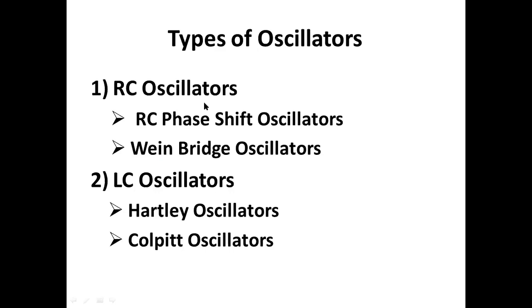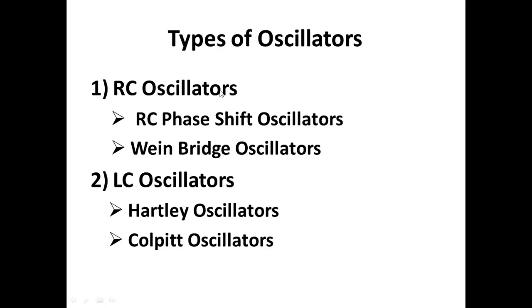These oscillators are used to provide signals of low frequency, and they are also called audio frequency oscillators, whereas LC oscillators use inductors and capacitors and provide high frequency signals, and therefore are called radio frequency oscillators.